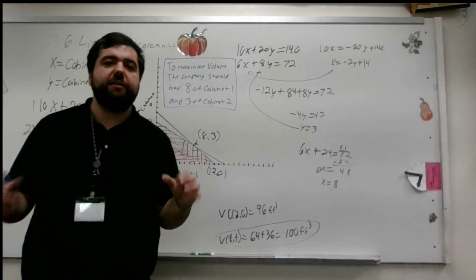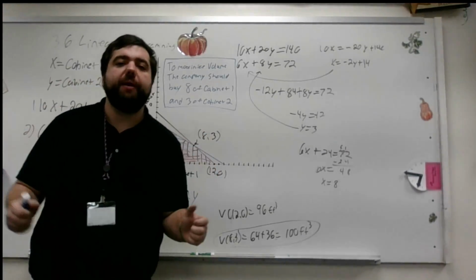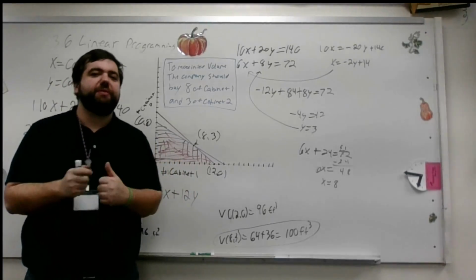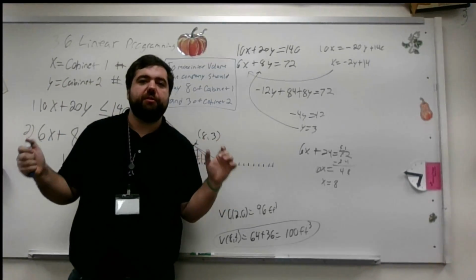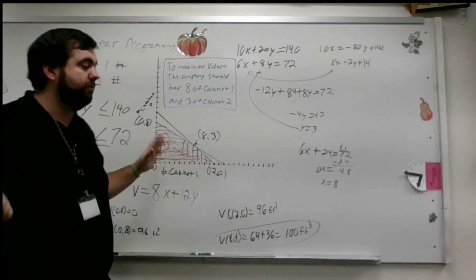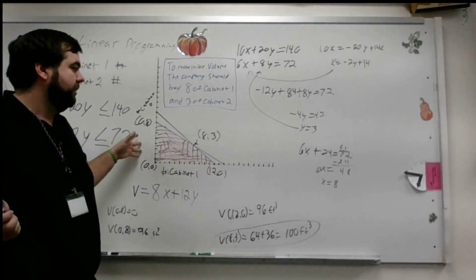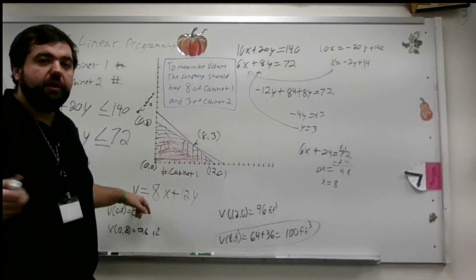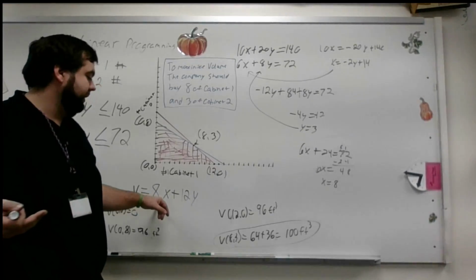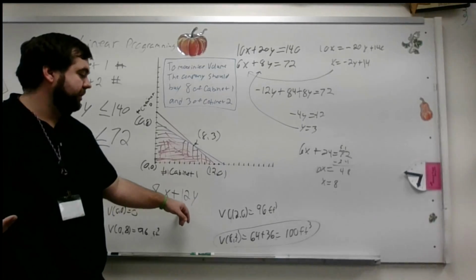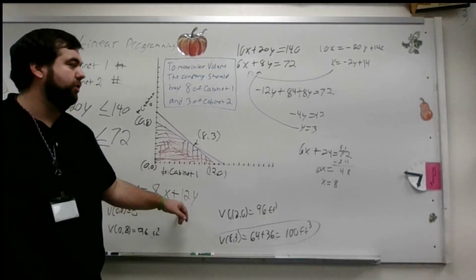So you go back into that word problem and say, what am I trying to maximize or minimize? It specifically said in the problem, you need to maximize the volume stored, right? So I read volume. I went back. What does volume have to do with anything? Well, it said there's 8 cubic feet for cabinet 1, 12 cubic feet for cabinet 2.